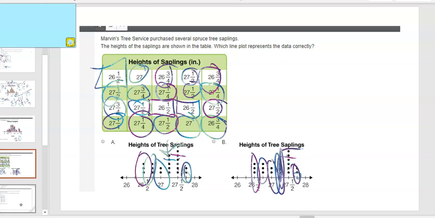This one has 5. So it's going to have to be this one. For this, each point represents a height, so you just count them up and see which one matches.